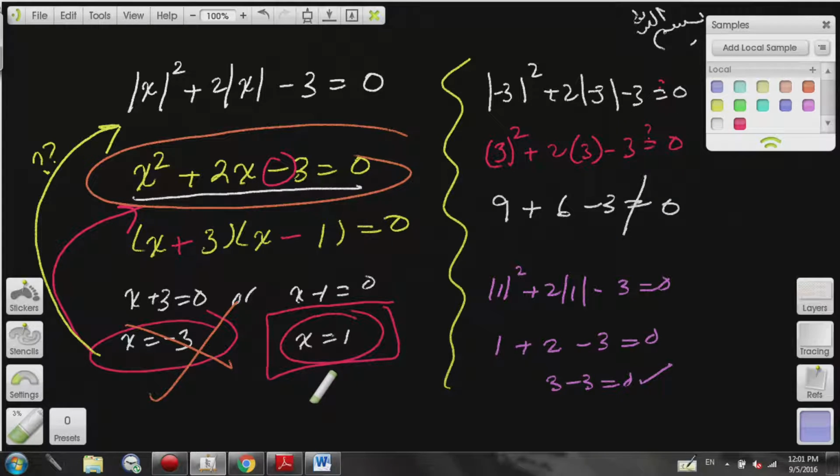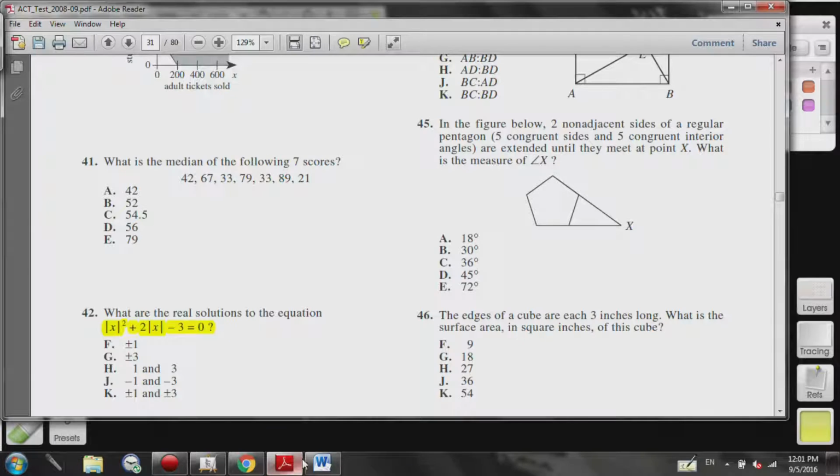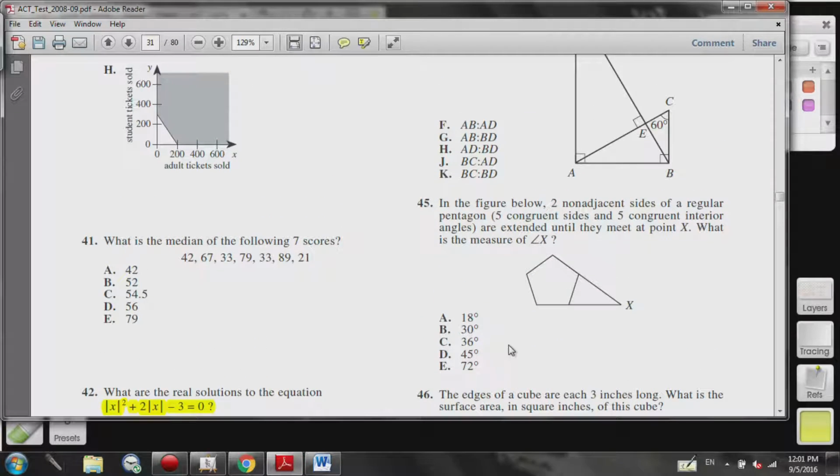But the absolute value of negative 1 is 1. So that's why absolute value of negative 1 also works. So the solution then ends up being plus or minus 1 for this equation. That's a good question.